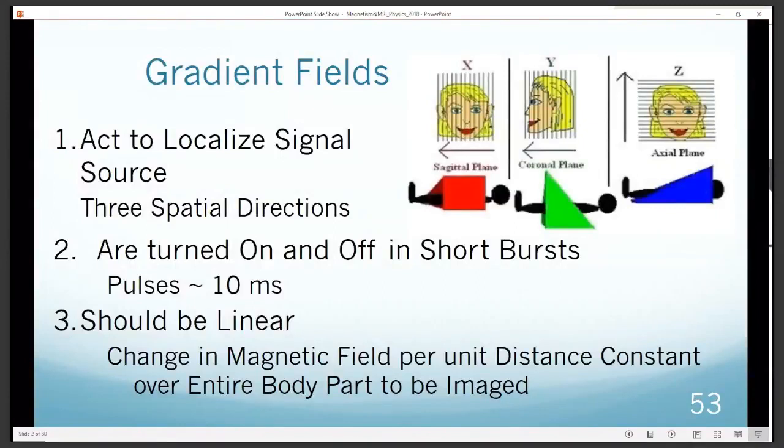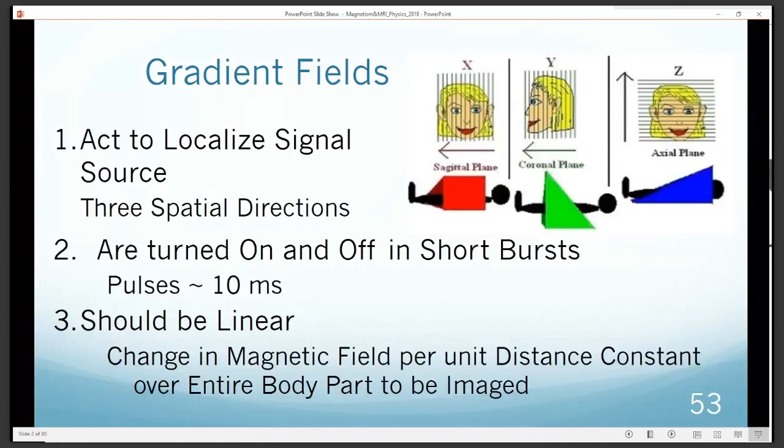So there are three gradient fields. There's X and Y and Z. We can think of the X as producing the sagittal plane, the Y the coronal, and the Z the axial plane. The important thing is that these gradient fields are linear, at least over the range of the body part we're trying to image.